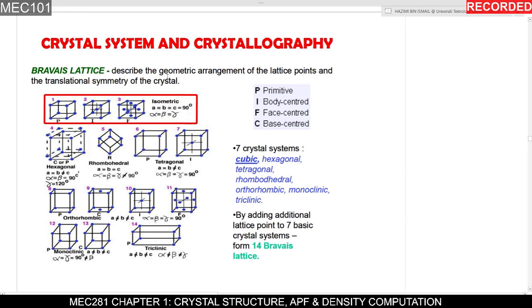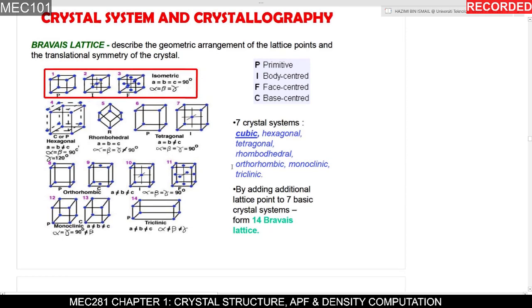The Bravais lattice itself describes the geometric arrangement of the lattice points and the translational symmetry of the crystal. So there are different types of geometric arrangement. They may be isometric with equal faces, or maybe rhombohedral, tetragonal, and so on.